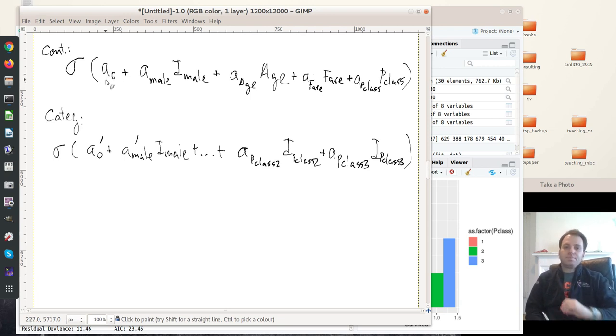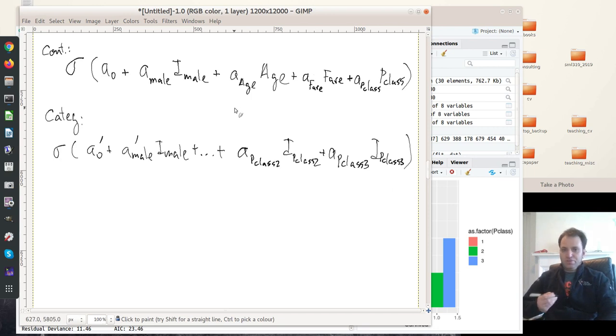Okay. So now what I'm claiming is that if you use the categorical version, you can always do as good a job or better of a job of predicting than if you're using continuous on the training set, right? So why is that? The reason is that whatever this can do, this can do as well.